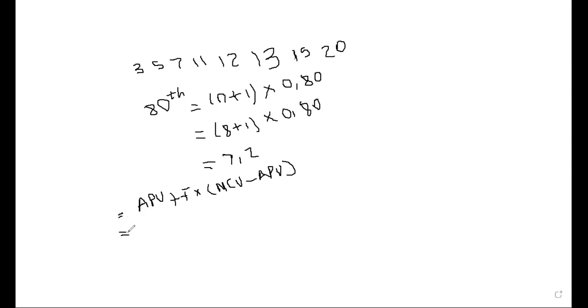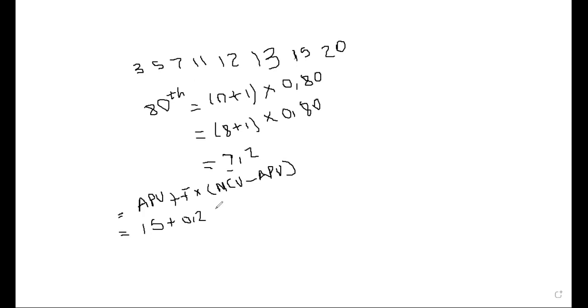So we're going to check the 7th position from our data set: 1, 2, 3, 4, 5, 6, 7, meaning our APV will be 15. Then the fractional part of the percentile value will be 0.2.